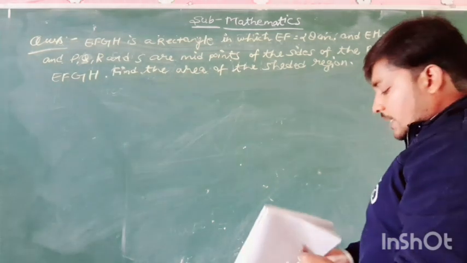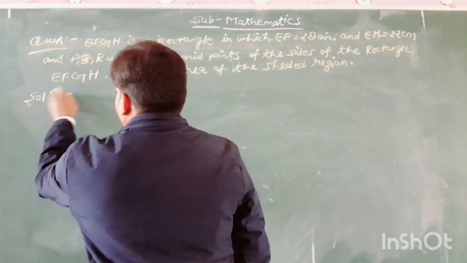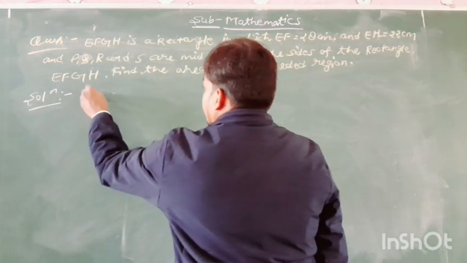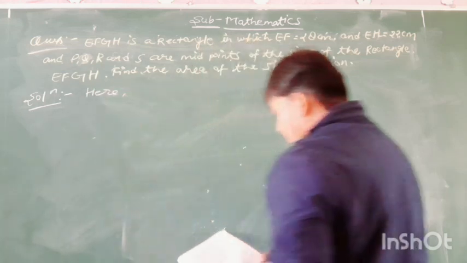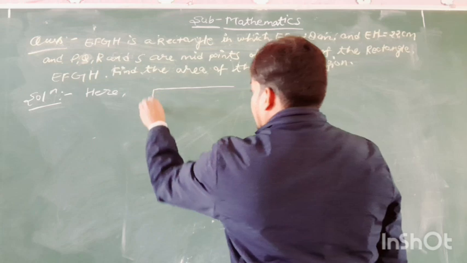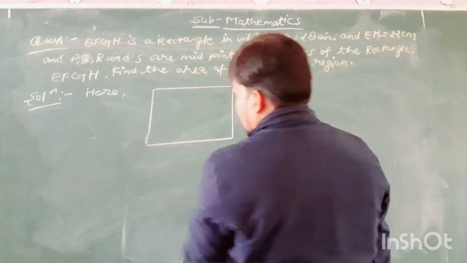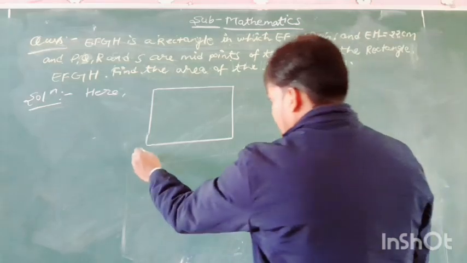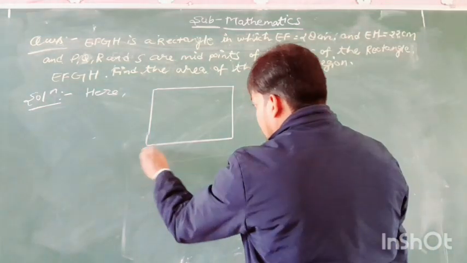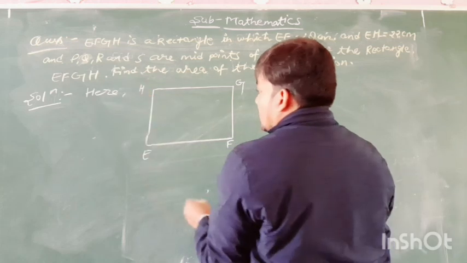The figure of that problem is here. EFGH is a rectangle.